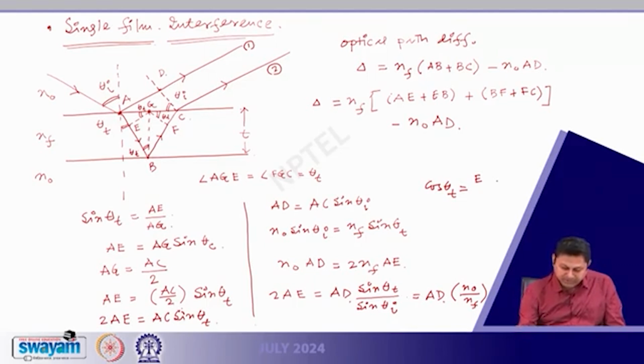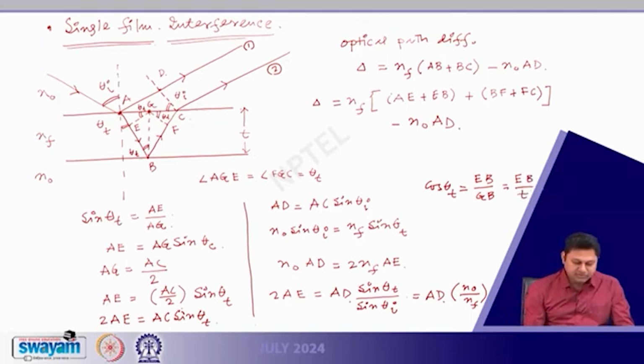Now this GB is nothing but the thickness. So our aim is to find out everything in terms of thickness T, theta T, and the refractive index NF. So this quantity will be simply EB divided by thickness T. So that we know.